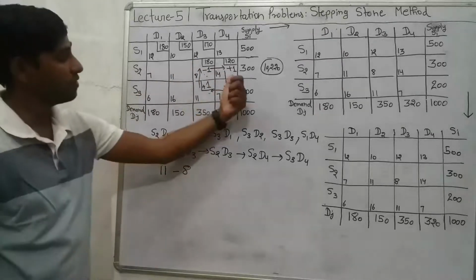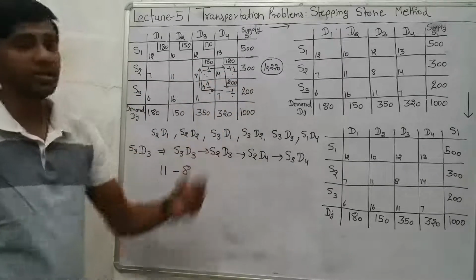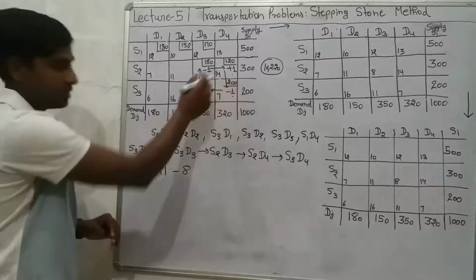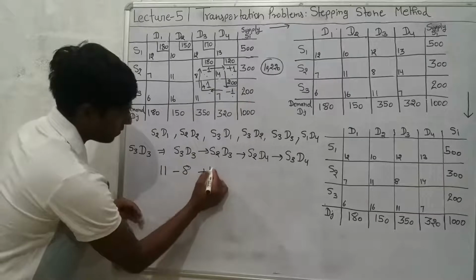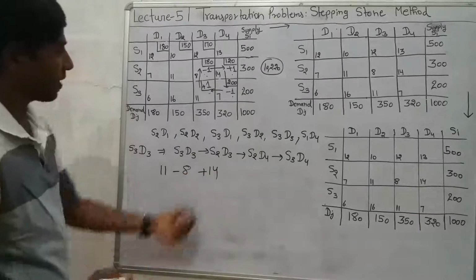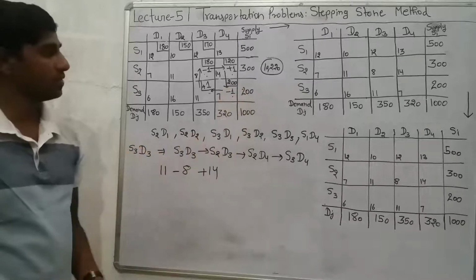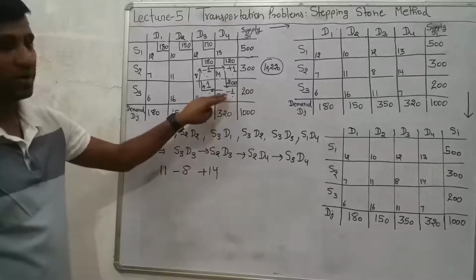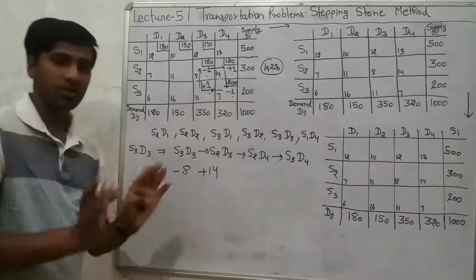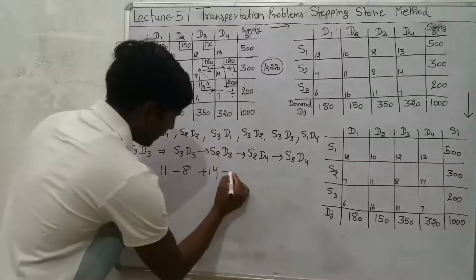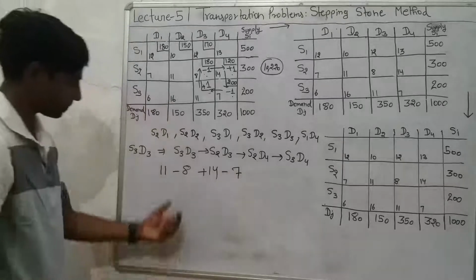The impact on total cost would be an increase of 14 rupees, because the per unit cost is 14 rupees, so there would be a positive sign. Similarly, in this cell, earlier we were transferring 200 units, but now we have taken away 1 unit. The impact on total cost is a reduction of 7 rupees, minus 7.